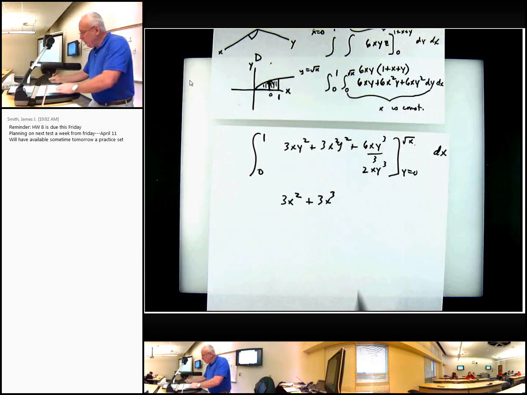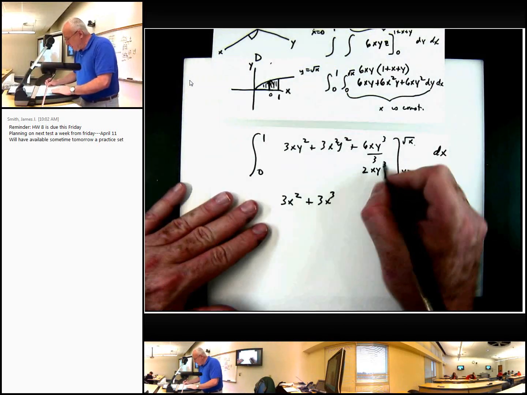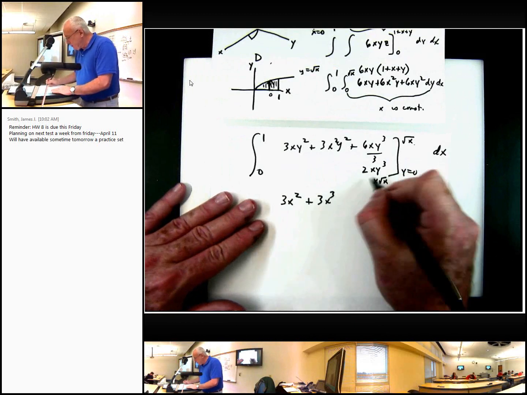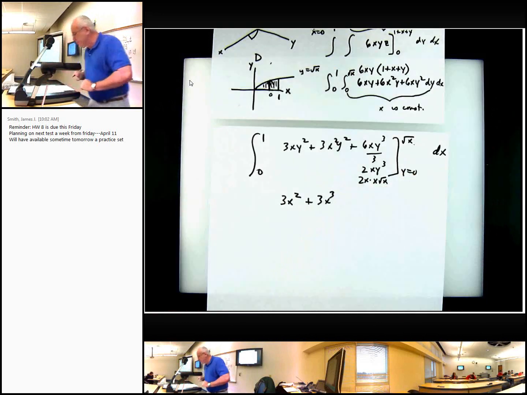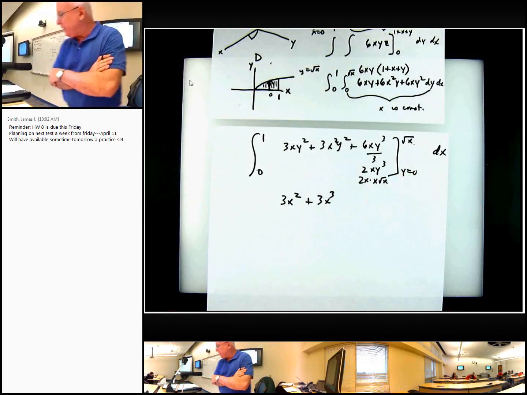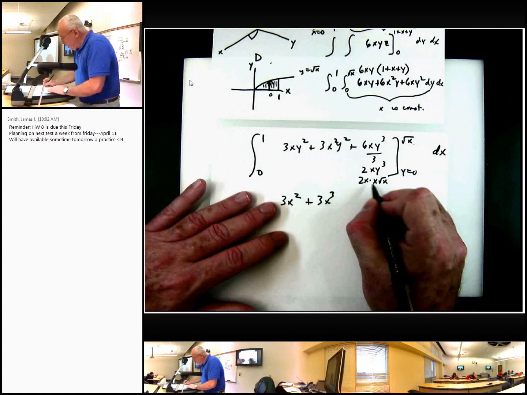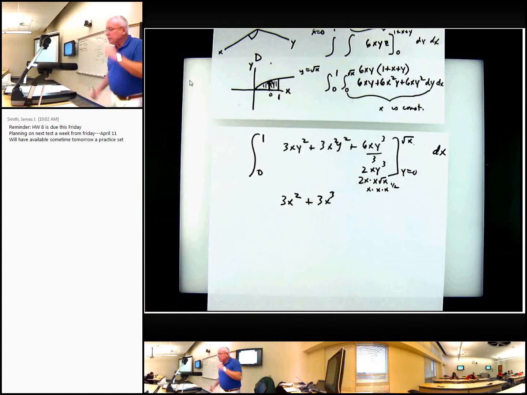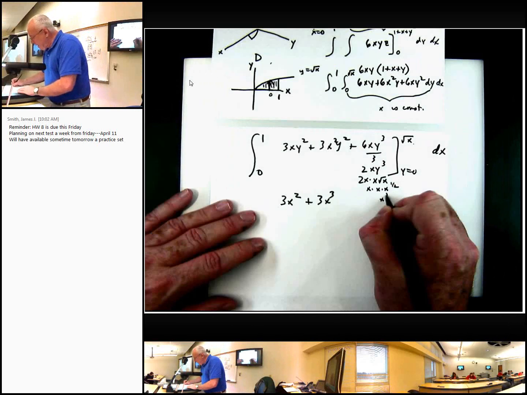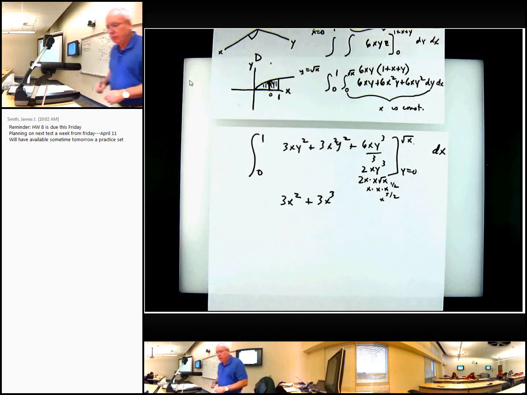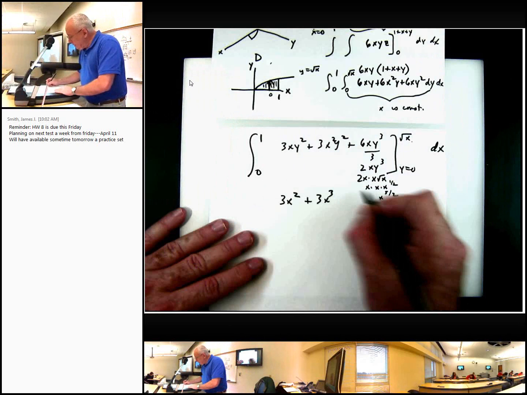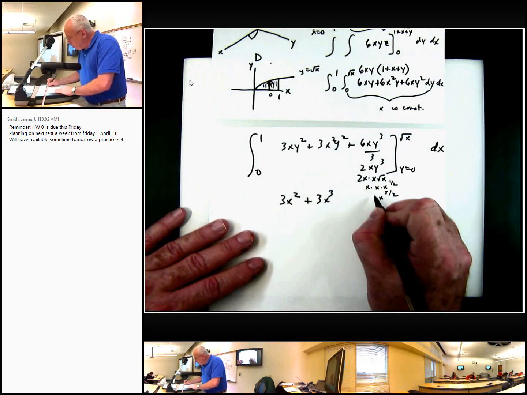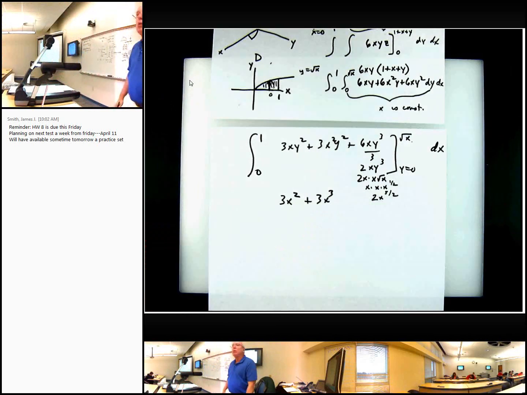This one, y to the third becomes basically x times the square root of x, and this is 2x times x times the square root of x. So this is really x times x times x to the 1/2 power. So that's x to the 5/2 power, 2.5. So basically what I have here is I'm integrating 2x to the 5/2 power.